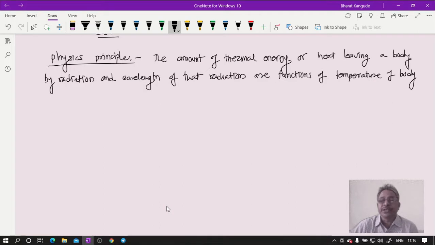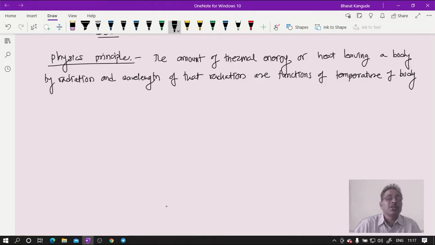Okay, in an object, its temperature and the radiation emitted by that object have a clear-cut relation, as do the amount of energy leaving the object in the form of radiation and its wavelength. That is what you might have studied under black body radiation. Now this effect has been very nicely used in this principle.